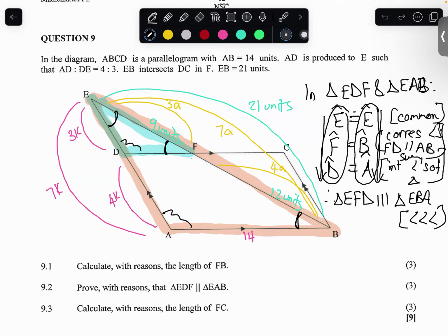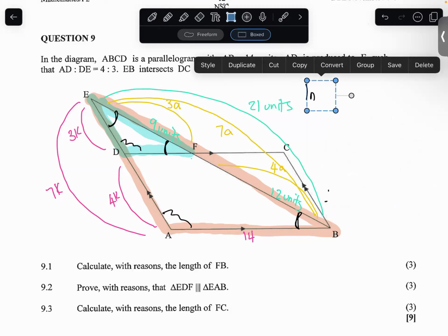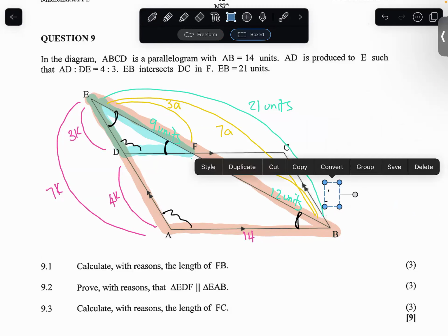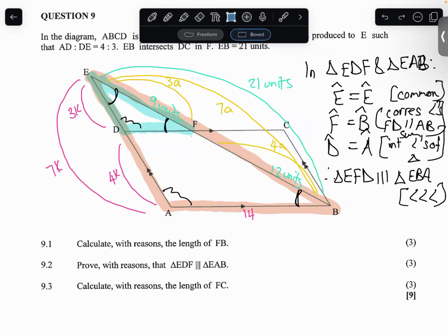Otherwise, your future calculations are going to be a problem, future calculations within the sum, I mean. That last reason, by the way, of angle, angle, angle is very important. You need to put it in, you get a mark for it.